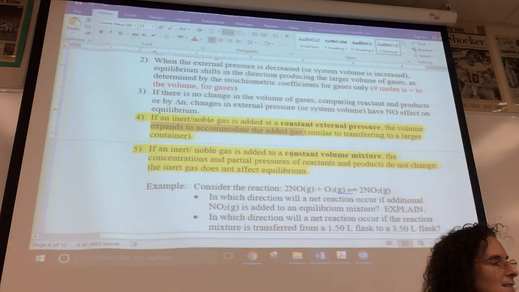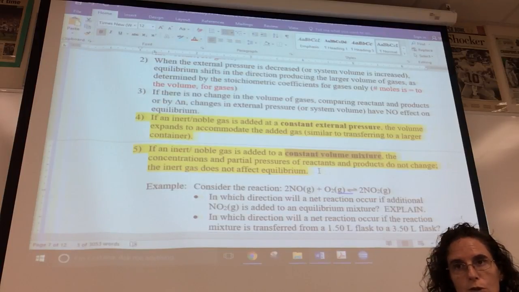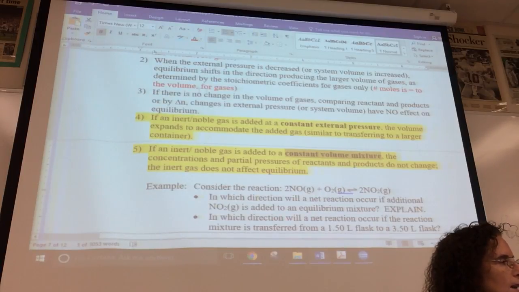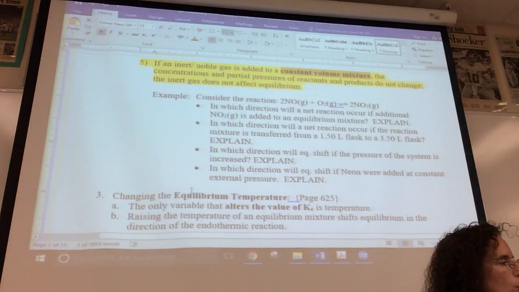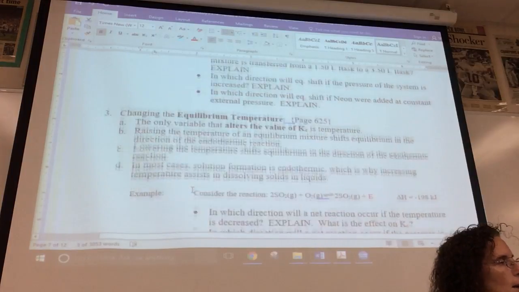However, if that gas is added at constant volume, there is no effect on equilibrium because you cannot change the volume regardless of the direction in which you shift. More commonly than not, you would see number 4, not number 5. Let's see if we can put all of this together as well as temperature.